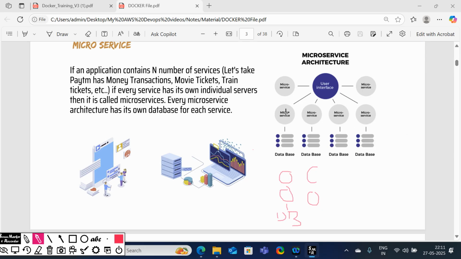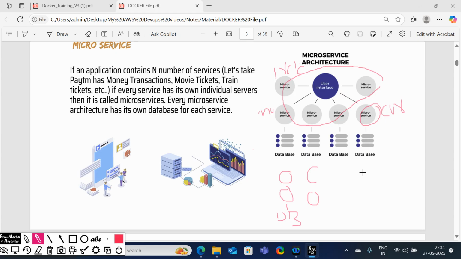Okay, here the microservices: suppose it is a movie ticket, IRCTC railway tickets, or current bills, power bills. If any of the microservices goes down, it is not going to impact the other services running in the same application.